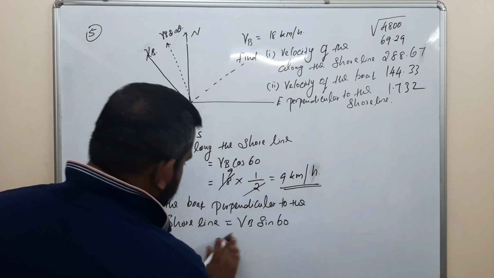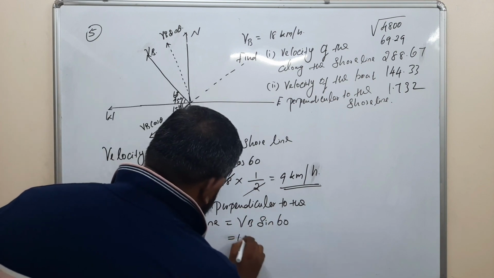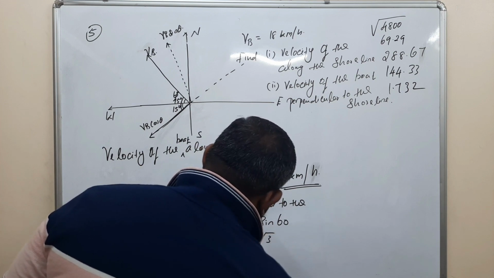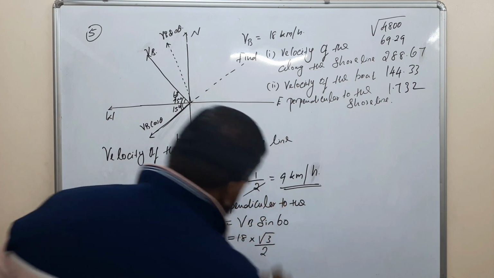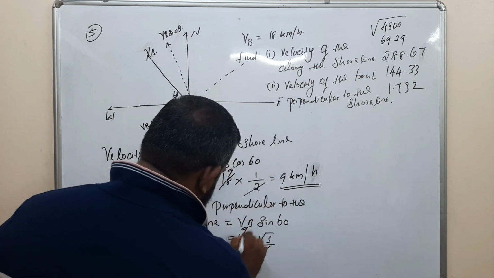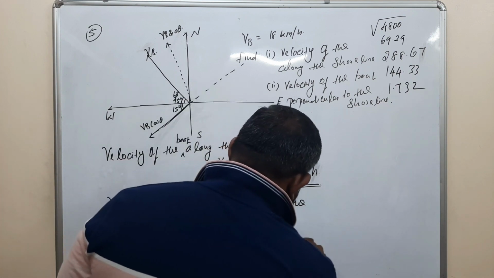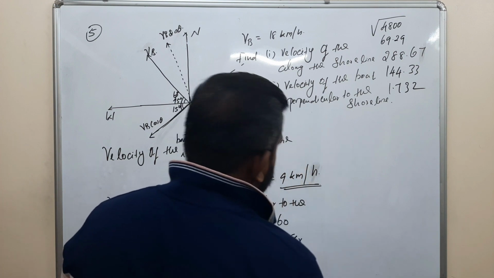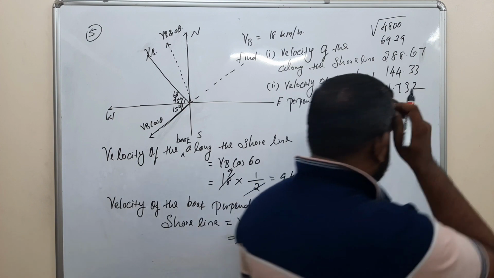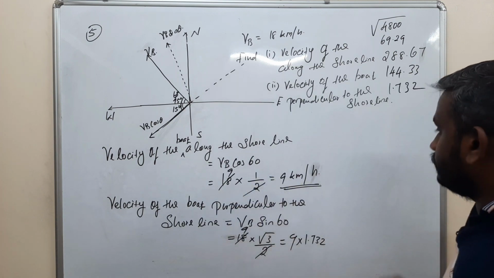The value of VB is 18, and sin 60 is root 3 divided by 2. So cancel it, that is 9 times. So that's equal to 9 into root 3, which is 1.732.